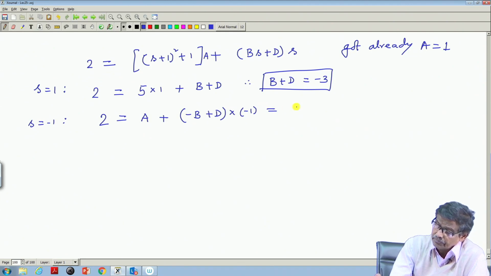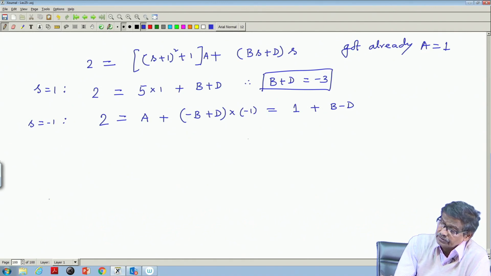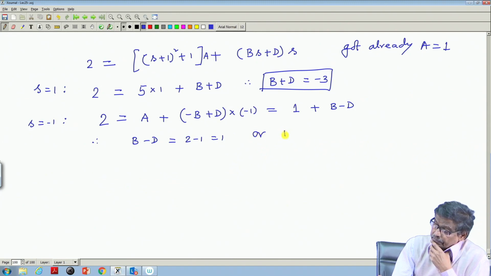So this will be equal to 1 plus B minus D, 2 is equal to 1 plus B minus D. This minus will make it plus and minus D. Therefore, B minus D is equal to 2 minus 1 is equal to 1, or I will write here B minus D is equal to 1. This is another equation.